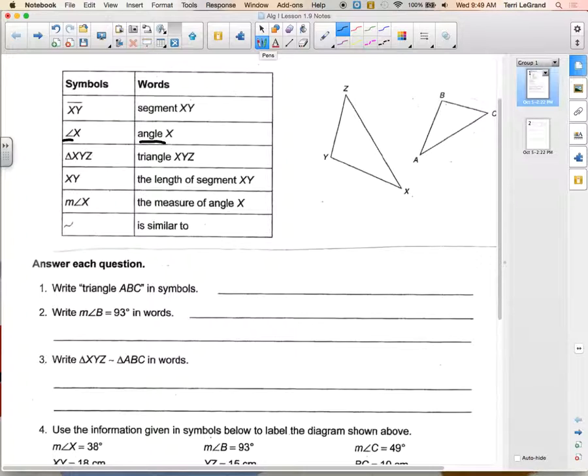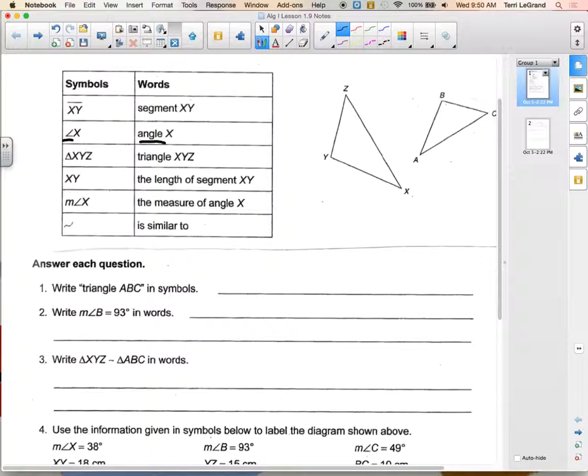Triangle XYZ. We draw a triangle and name what are the X, the Y, and the Z? Where do those come from? Those are labels at the ends of the segments that form the triangle. Does anybody know another name for what those are called?